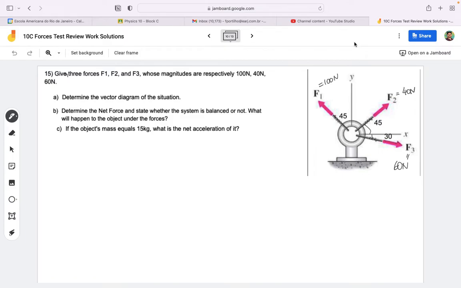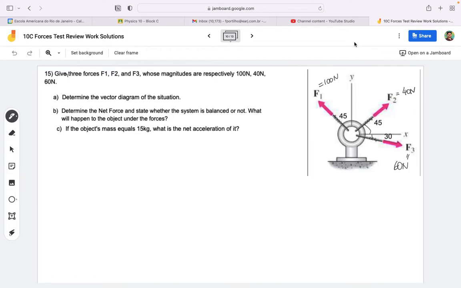So the picture shown on the screen depicts what we call a vector diagram. And in order to more easily determine the net force, we're going to need exactly this condition here, this diagram, in order to make it simpler.